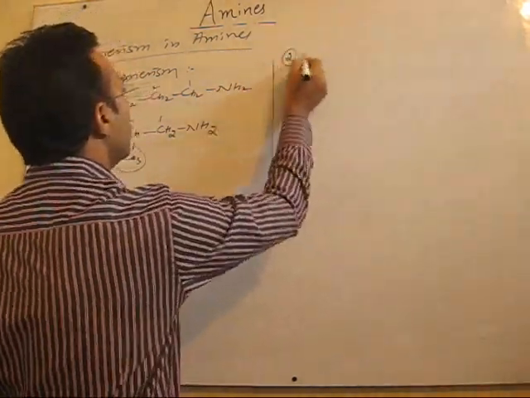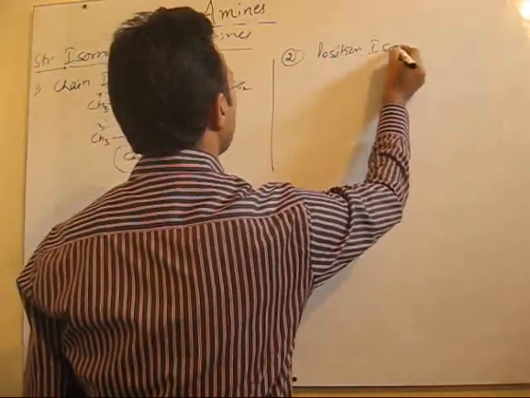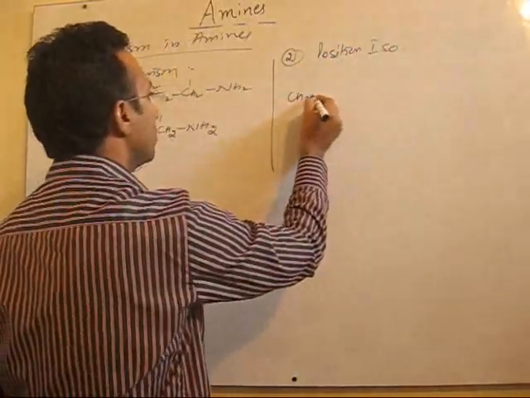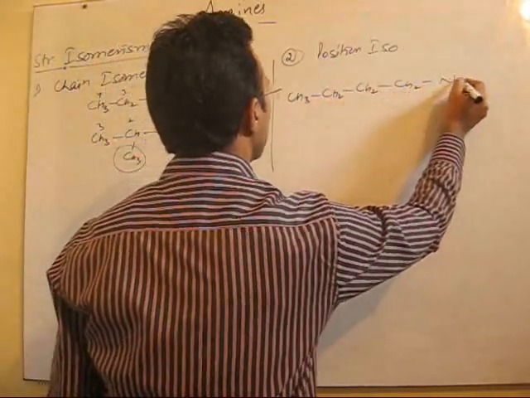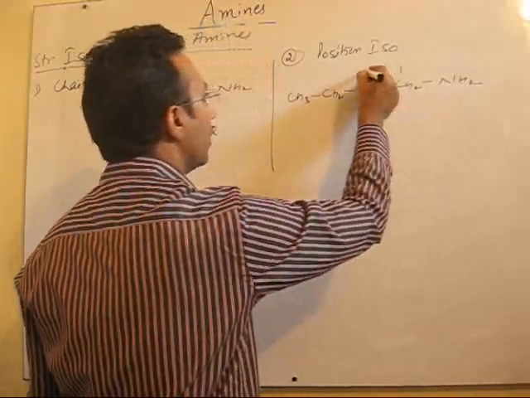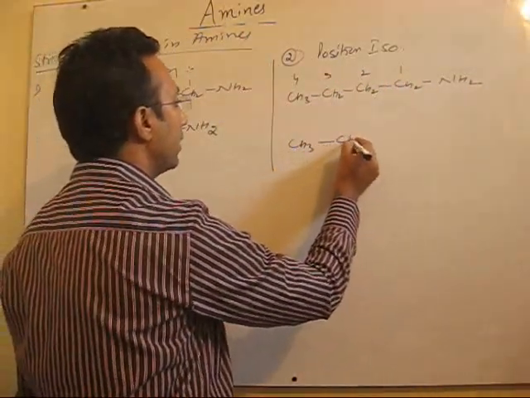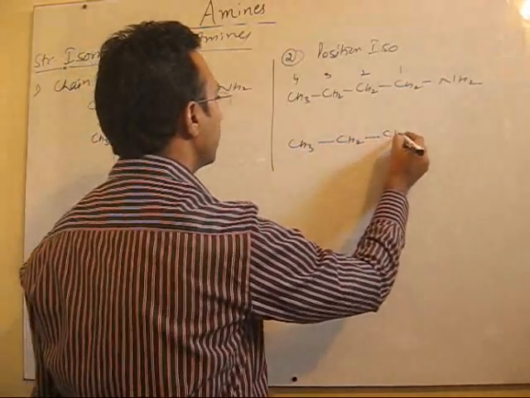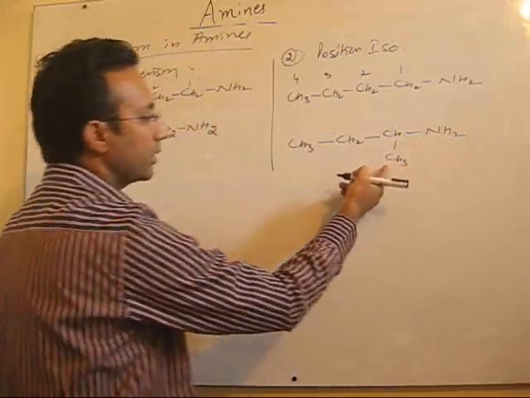Then number two, we have a very simple position isomerism. In position isomerism, there will be changes in the position of the functional group NH2. So here it is 1, 2, 3 and 4. But if I write this compound like this, so here I have already taken its IUPAC name.